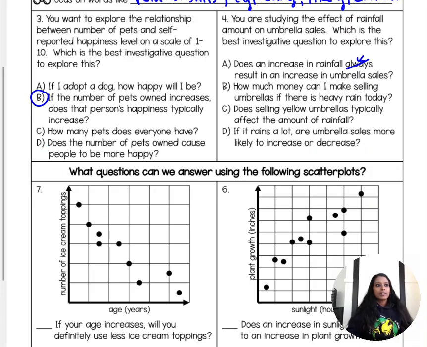Does selling umbrellas typically, we like the word typically, affect the amount of rainfall? So it's kind of backwards, right? It's not because people are buying umbrellas that it's going to rain outside. It's because if it rains a lot, then the amount of rain, our umbrella sales are more likely, we like that word likely, to increase or decrease.